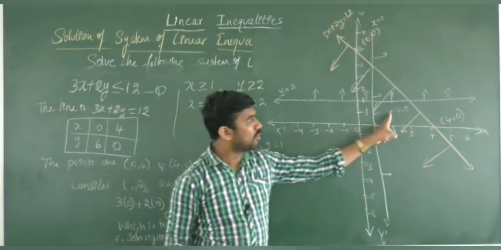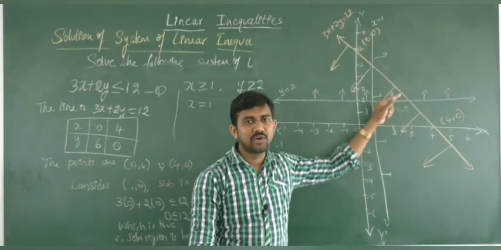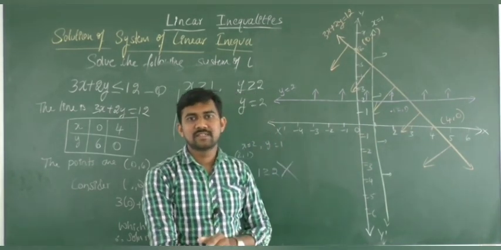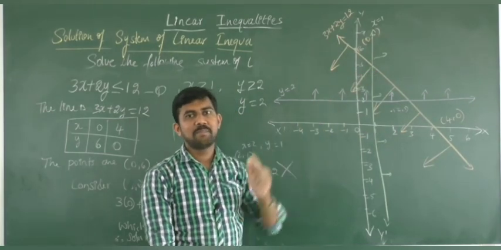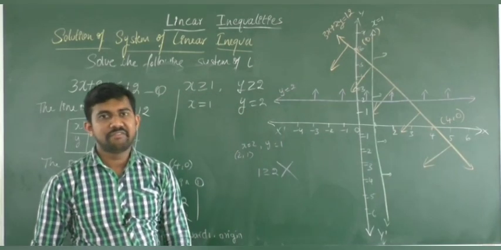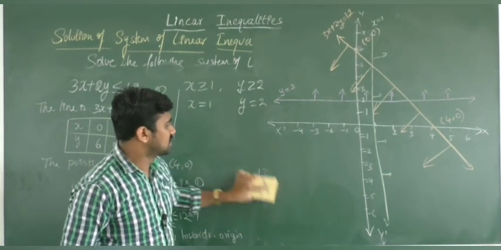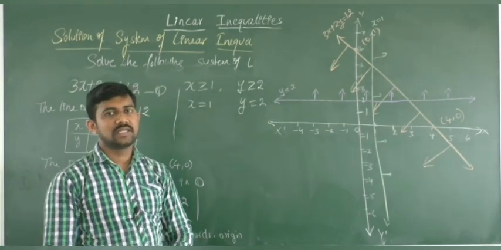So (2, 1) does not lie in the solution region. You can observe (2, 1) lies in the lower half plane, so the lower half plane is not the solution region. The solution region is away from (2, 1), meaning the upper half plane. So no need to check that. Again if you have y greater than c, then clearly the upper half plane is the solution region always.